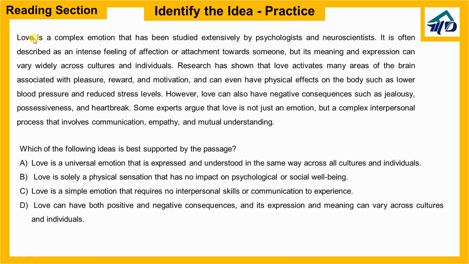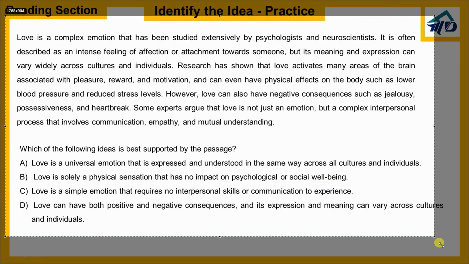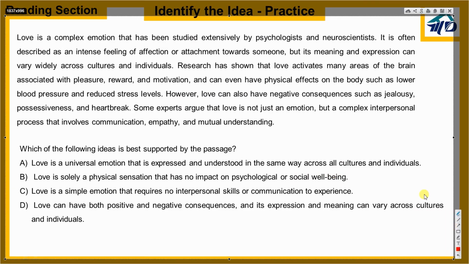Love is a complex emotion that has been studied extensively by psychologists and neuroscientists. It is often described as an intense feeling of affection or attachment towards someone, but its meaning and expression can vary widely across cultures and individuals. Research has shown that love activates many areas of the brain associated with pleasure, reward, and motivation, and can even have physical effects on the body, such as lower blood pressure and reduced stress levels.